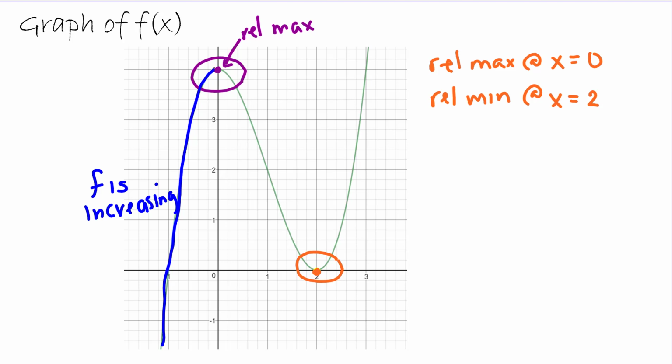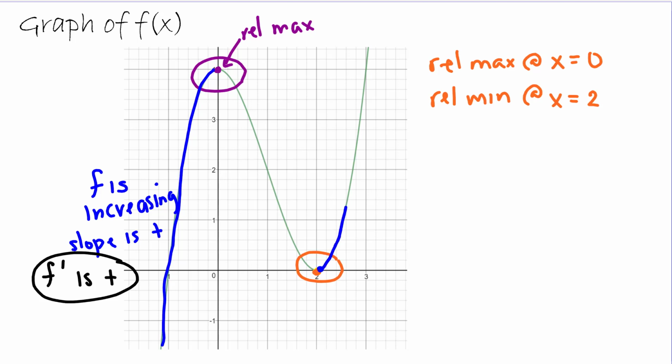When a graph is increasing, the slope is positive. In calculus, this is really important: this means f prime is positive. The derivative is positive, and that's what we want to associate with f increasing. We want to associate that f prime is going to be a positive number in that region.